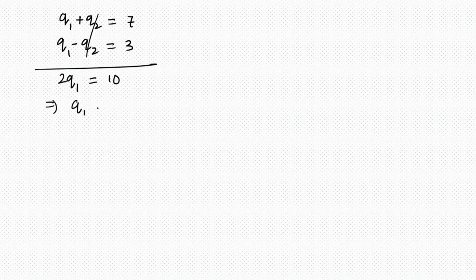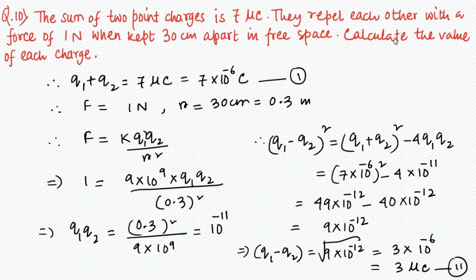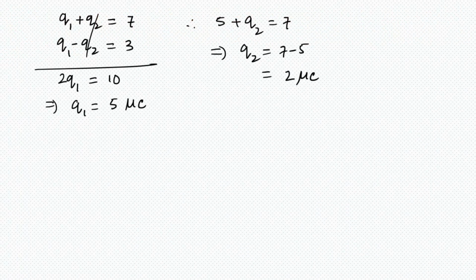From here Q1 is equal to 5 microcoulomb. If we put this value of Q1 in the first equation, then 5 plus Q2 is equal to 7, so Q2 is equal to 7 minus 5, which is 2 microcoulomb. So this is our answer. The question is to calculate the value of each charge: the first charge Q1 is 5 microcoulomb and Q2 is 2 microcoulomb.